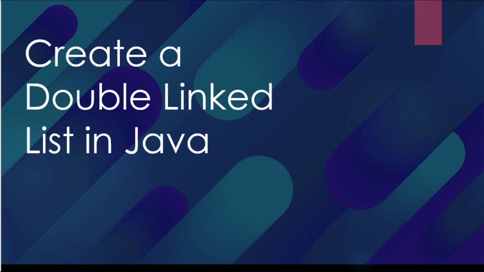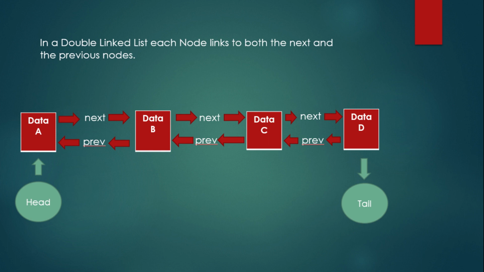As we can see in the diagram, the idea behind the double linked list is that while in a single linked list, each node links to the next node, it means to the next data of the linked list.